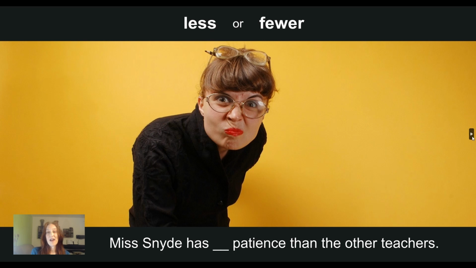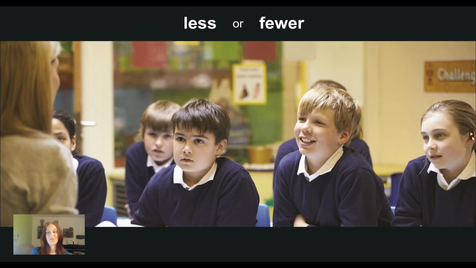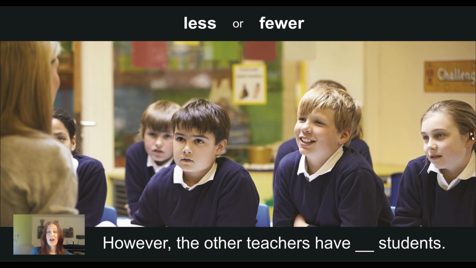Miss Snyde has patience than the other teachers. Miss Knight has less patience than the other teachers. However, the other teachers have students. However, the other teachers have fewer students.